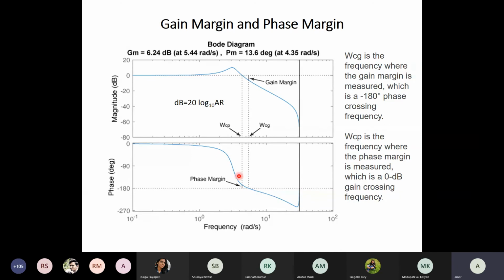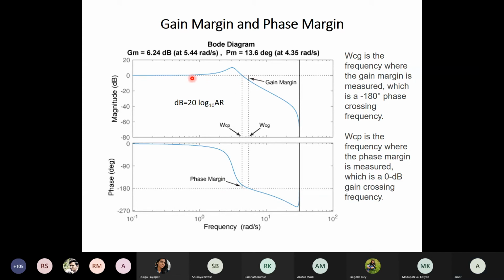At the gain crossover frequency, the difference between the phase and minus 180 degrees is the phase margin. Because of this phase margin, the system is stable, because it does not reach minus 180 degrees.